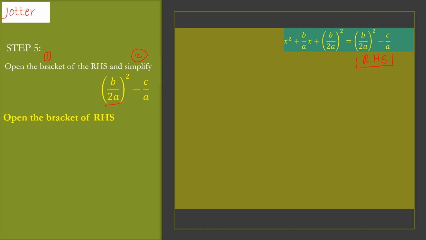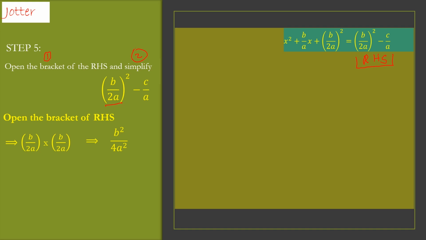In this case, we are going to open the bracket by multiplying what is inside twice. So we have b over 2a bracket multiplied by b over 2a. In that case, we are going to have b multiplied by b to give us b squared, 2 multiplied by 2 to give us 4, and a multiplied by a to give us a squared.